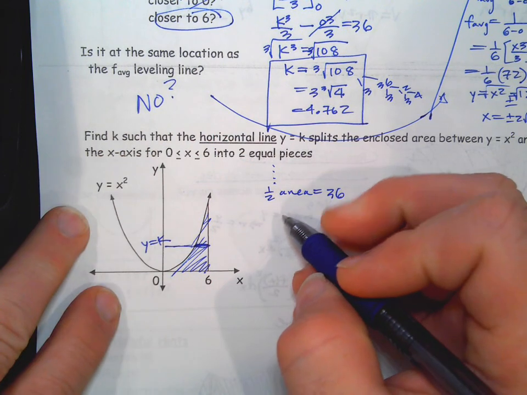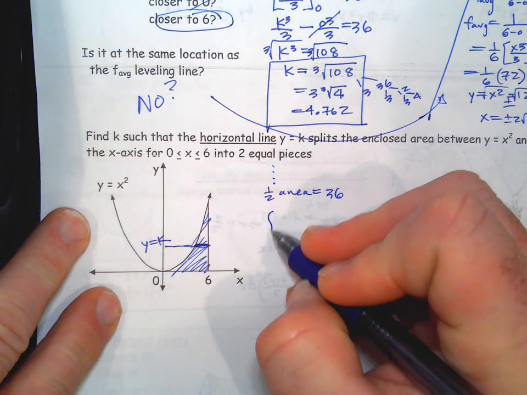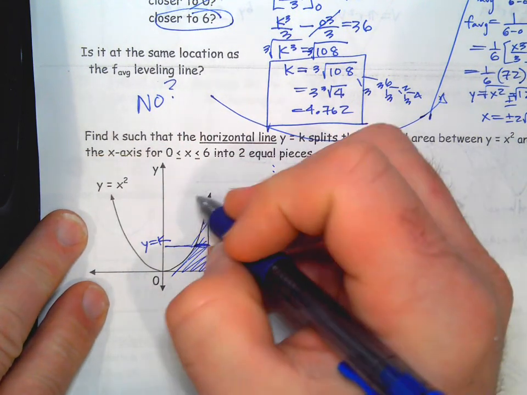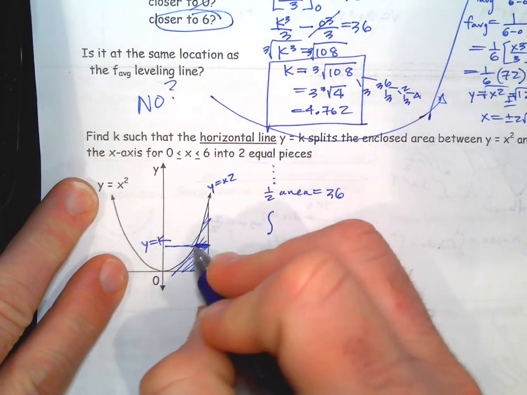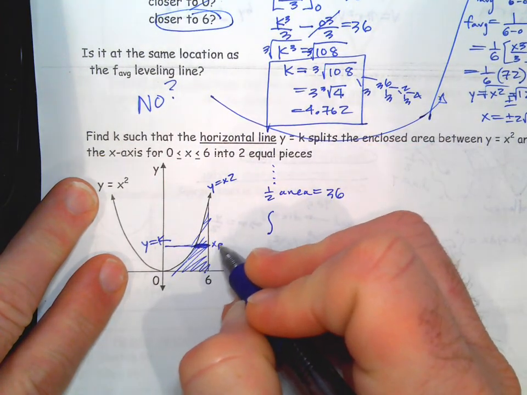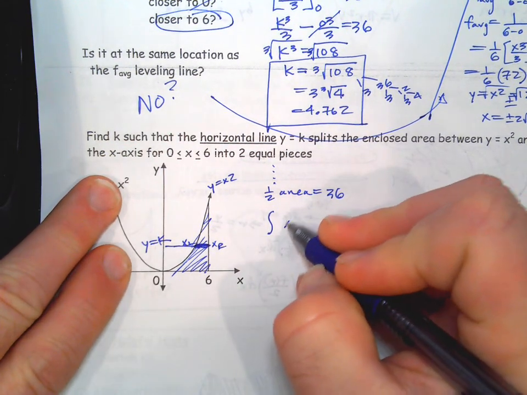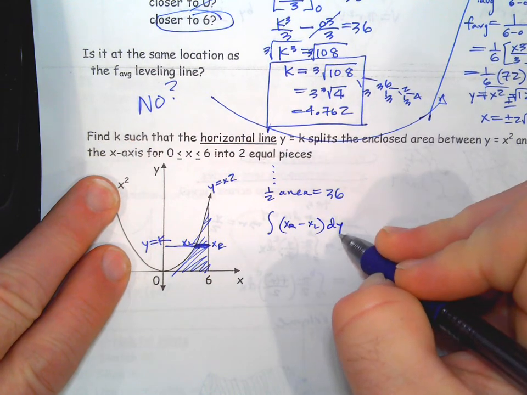Same idea. We're going to integrate it, but now these are our slices right here. So it's going to be x right minus x left. Slices have a thickness of dy.